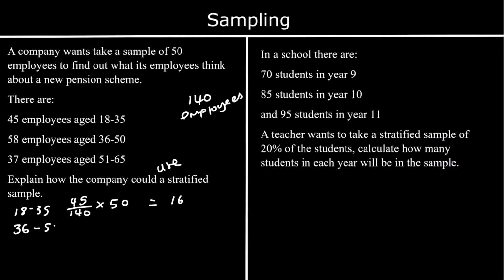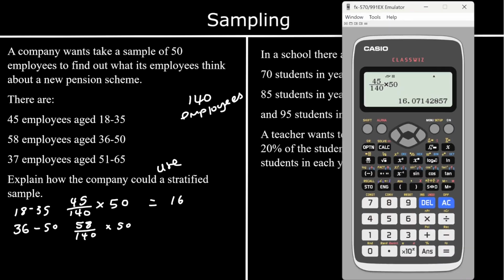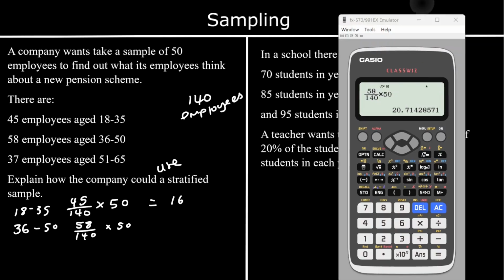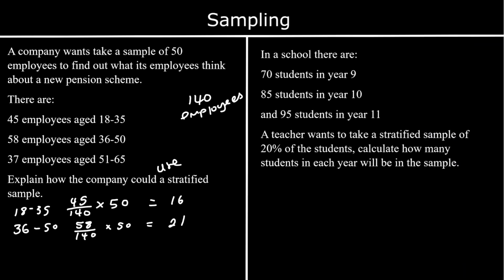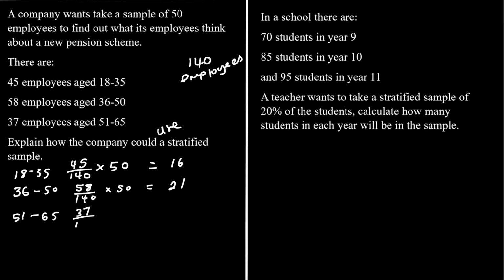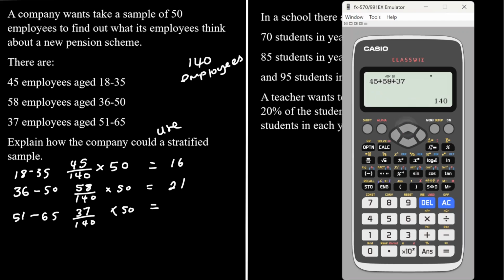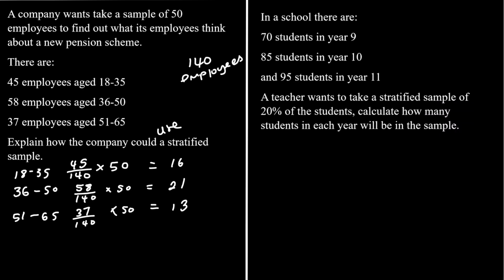For 36 to 50, we've got 58 out of 140 times 50, which is 20.7. We'll call that 21 people. And 51 to 65, we've got 37 out of 140, that fraction of 50, and that comes out at 13.2. So we will call that 13.